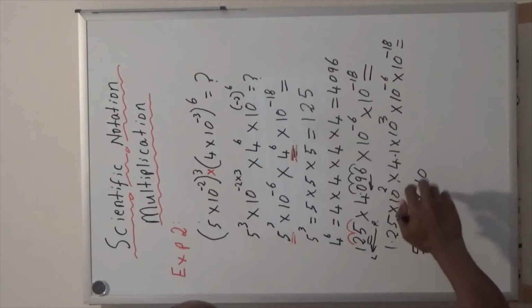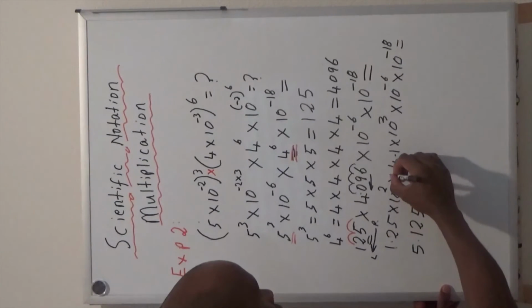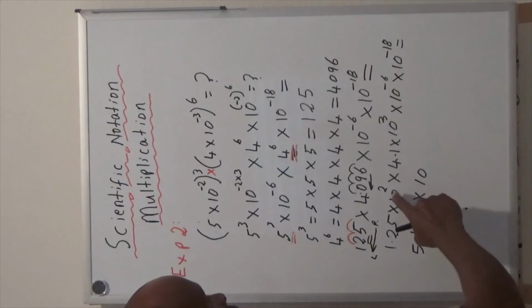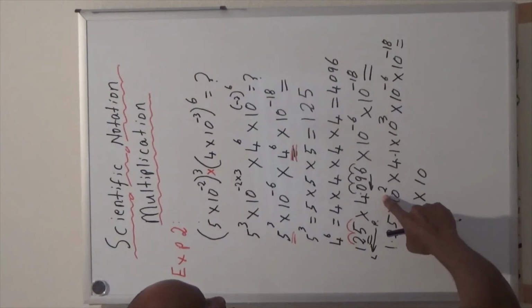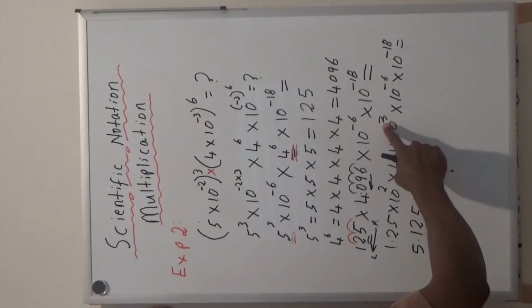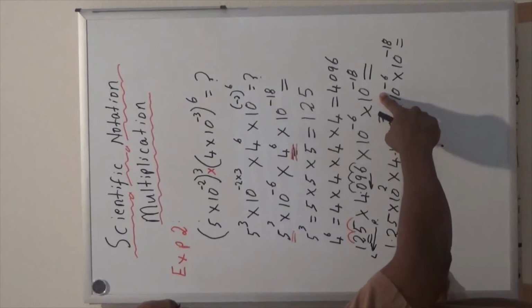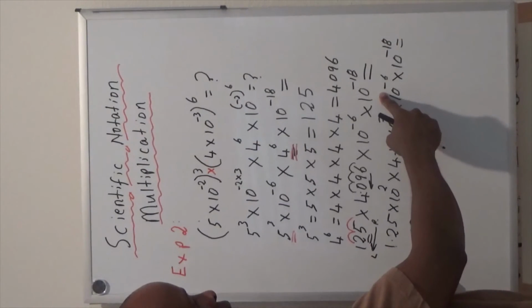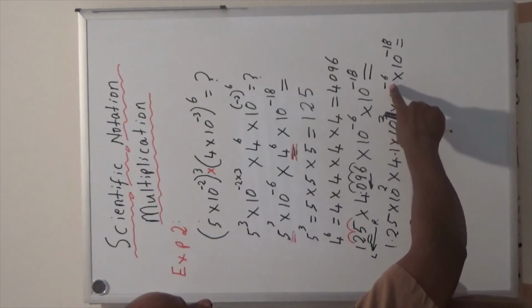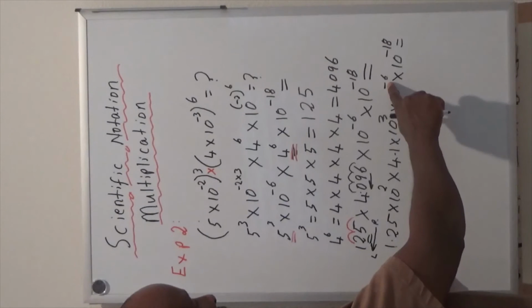Now here I have two positive powers, right? For multiplication, you add the powers. So 2 plus 3, that is 5. 5 minus 6, because plus multiplied by a negative is negative. So it's going to be minus 1, right?